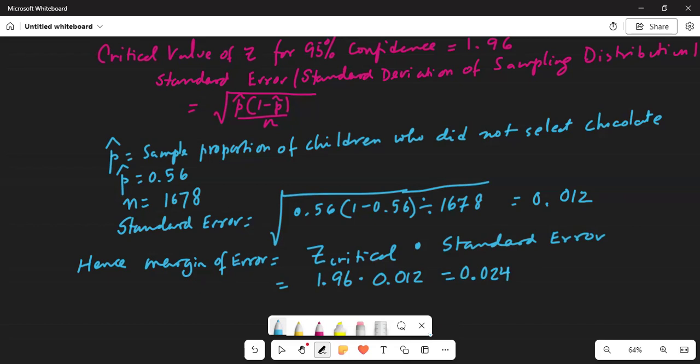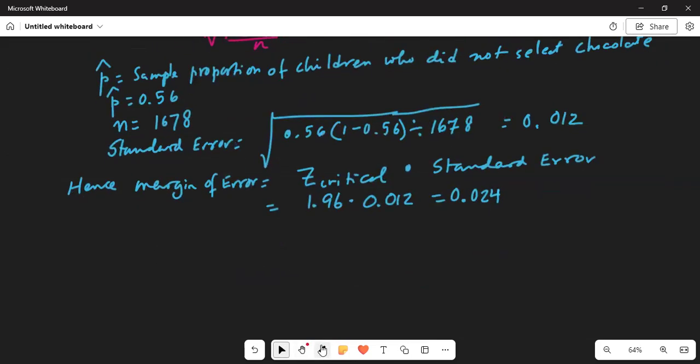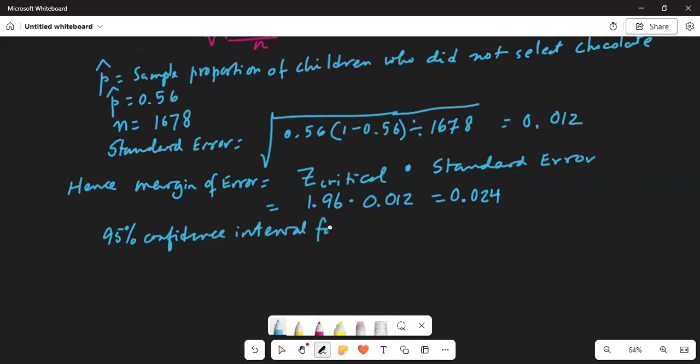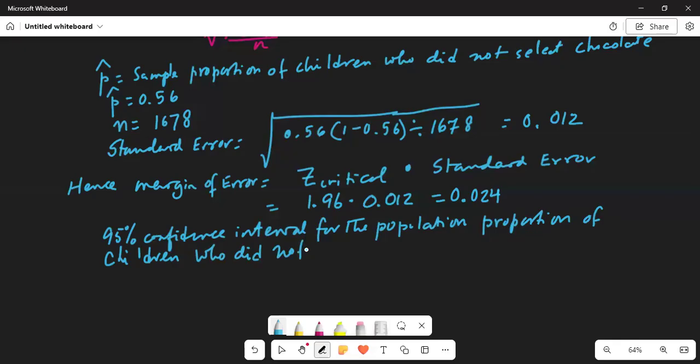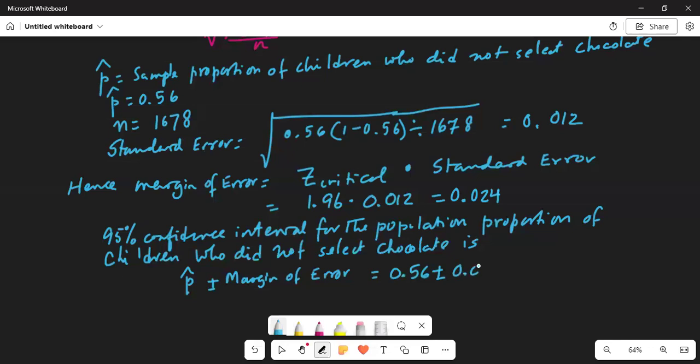024. Hence, the 95% confidence interval for the population proportion of children who did not select chocolate is p hat plus minus margin of error, which is 0.56 plus minus 0.024.